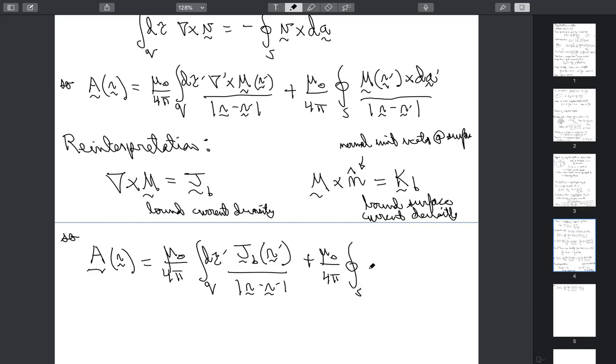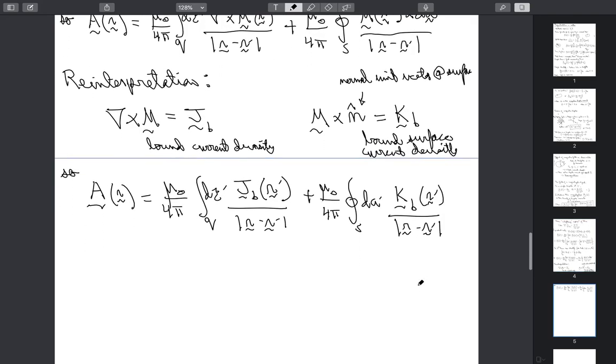So I have a surface differential element, but now I have the bound surface current density at r prime divided by r minus r prime.